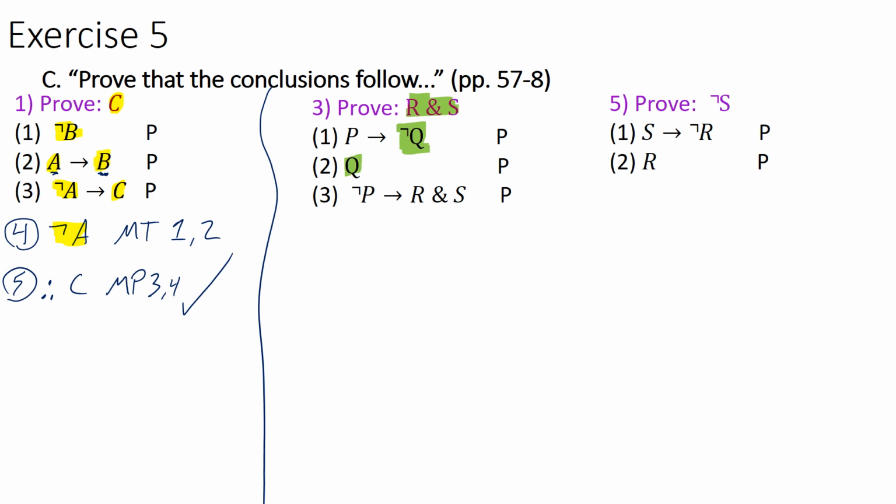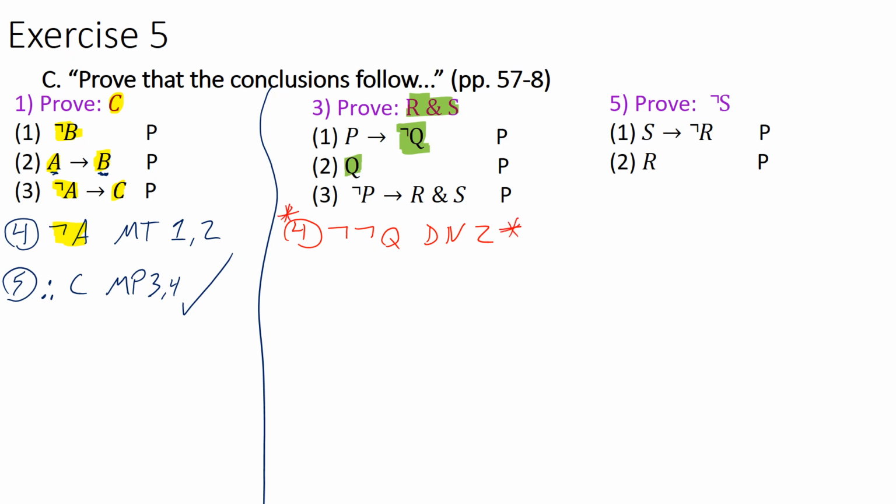But before we can do that, we have to make this explicitly clear through double negation. This is a very, very important step. So for line 4, we can get not not Q by double negation of sentence 2. So this is an important step here.